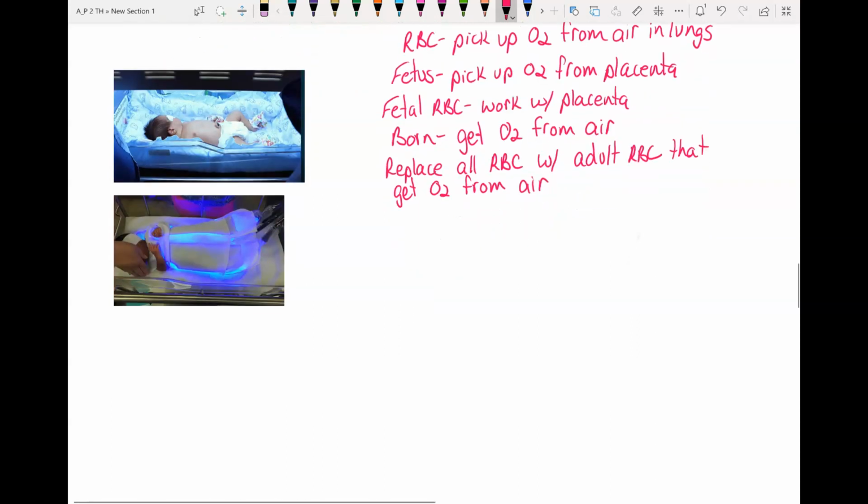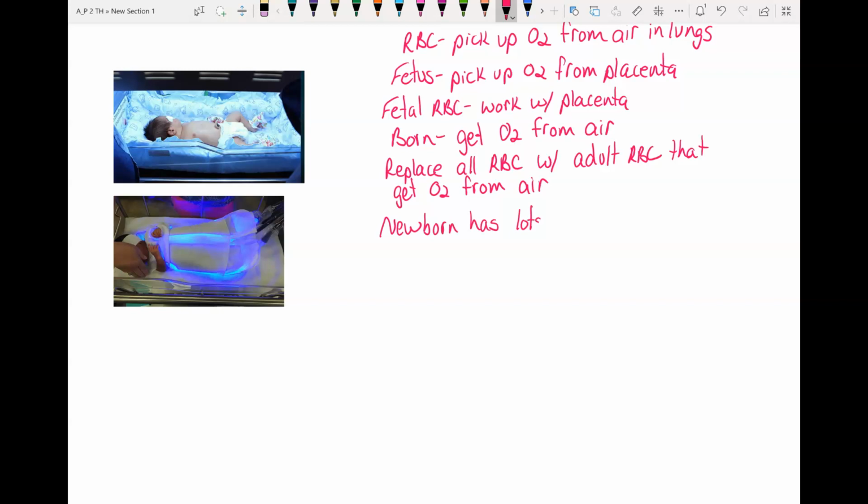So this means that a newborn has a lot of dead red blood cells. Because all those fetal red blood cells die.